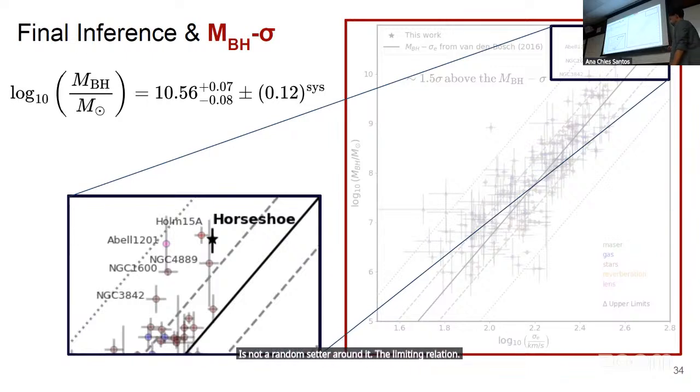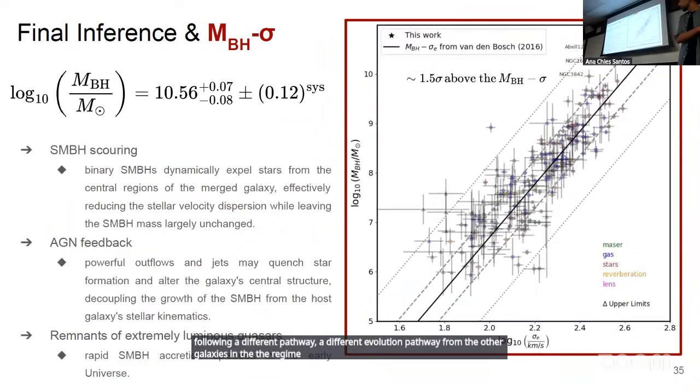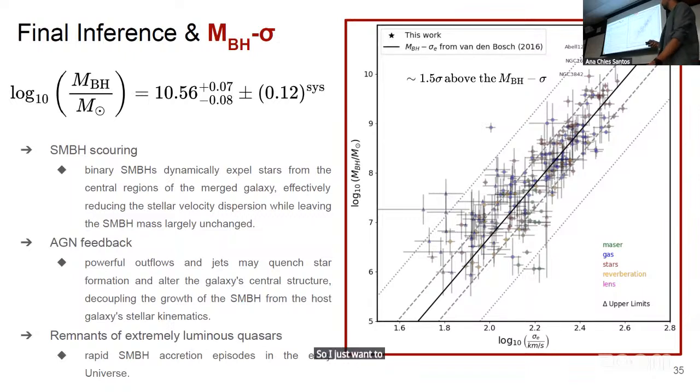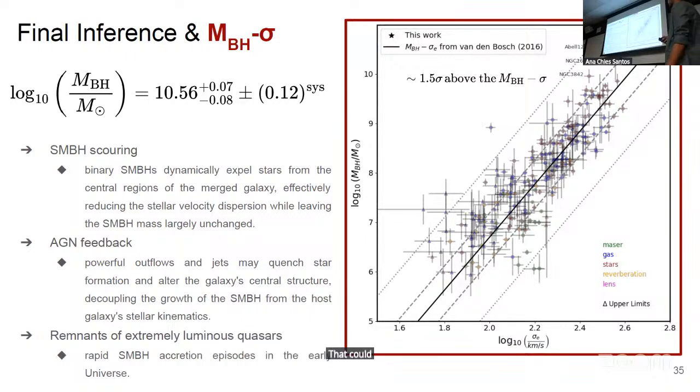And this could be telling us that these galaxies in this regime could be following a different evolution pathway from the other galaxies in the relation. So I just want to give a few possible explanations, a few possible pathways for the evolution of the host and the black hole that could explain this deviation right here.